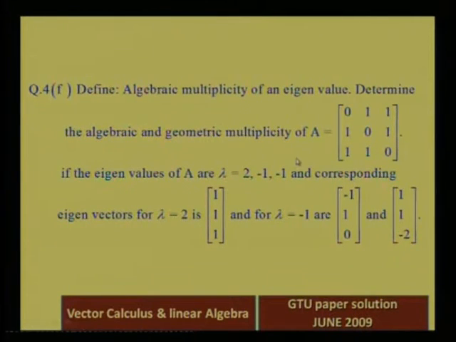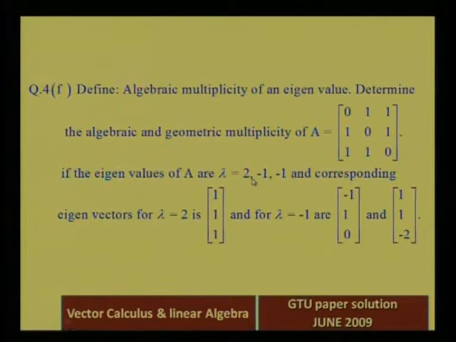Determine the algebraic and geometric multiplicity of A. See, we have 3 eigenvalues, 2, -1, -1, but 2 occurs only one time and -1 occurs 2 times. So the algebraic multiplicity of 2 is 1, because as an eigenvalue 2 occurs only one time.